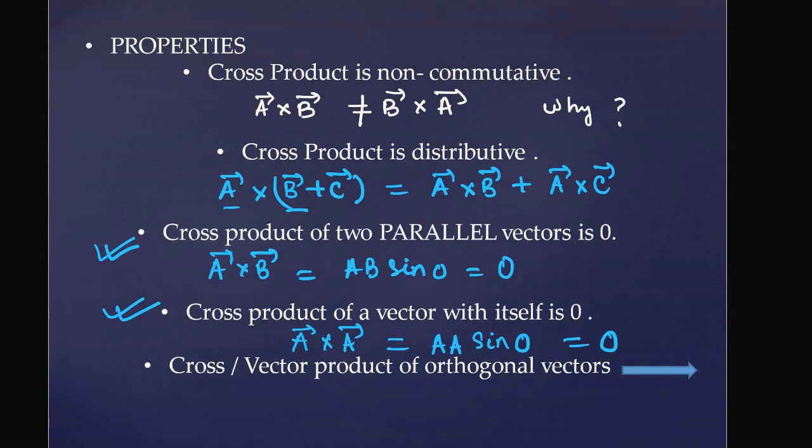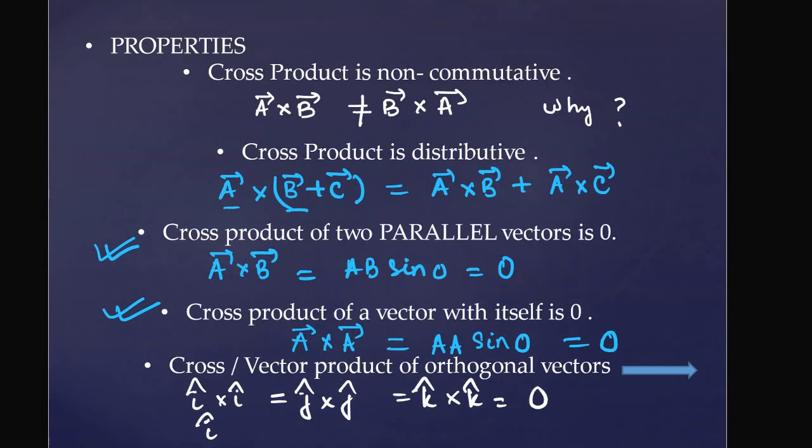What are the cross products of orthogonal vectors? So i cap into i cap equals to j cross j equals to k cross k equals to 0. The cross product of a vector with itself is 0. So as we are considering the orthogonal vectors as vector itself with a direction sign, it will be 0.